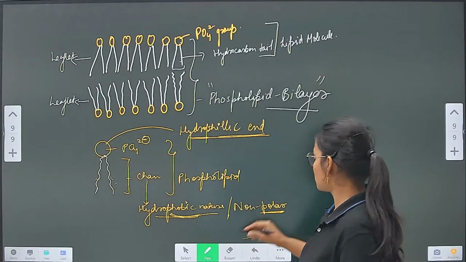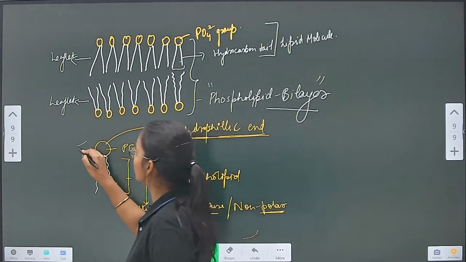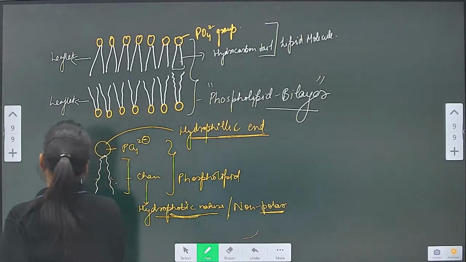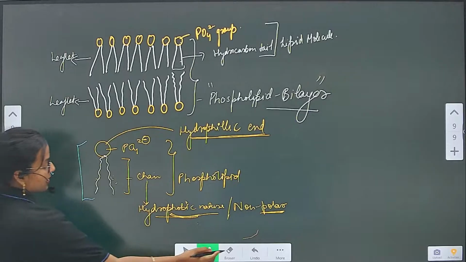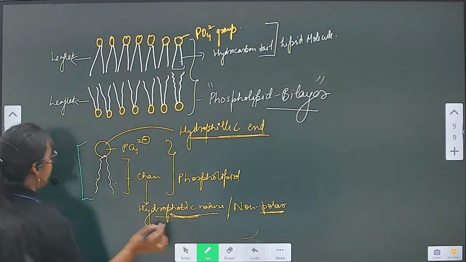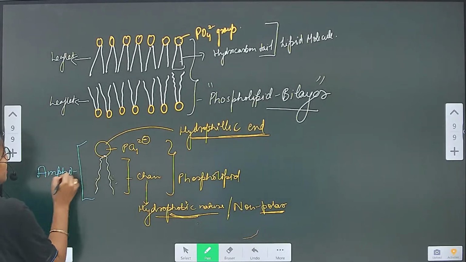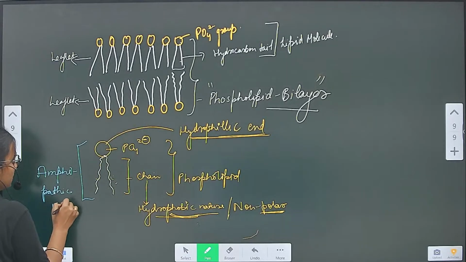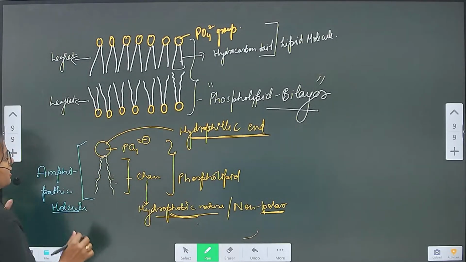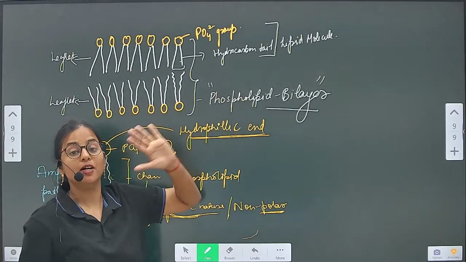So together we can call this phospholipid molecule as amphipathic molecule. And because it is having two leaflets, we call it as phospholipid bilayer.